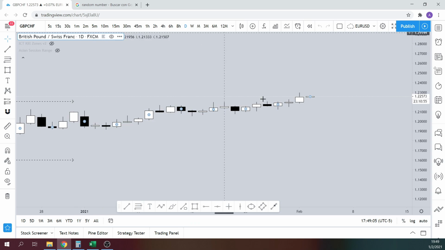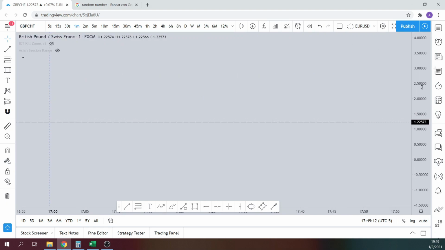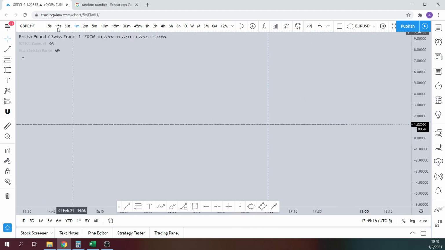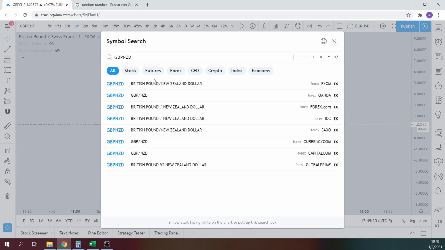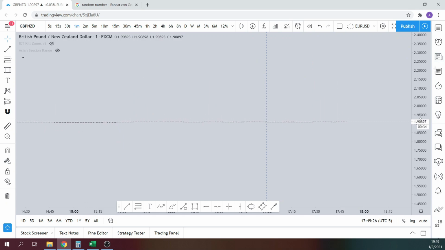The way I do it to pick a random time, I go to the 1 minute chart on the pair I'm looking at right now, and I scroll down so I cannot see what the price action is doing here. Then I go to the pair GBP NZD. Well, in this case that didn't work, so I will scroll down again.